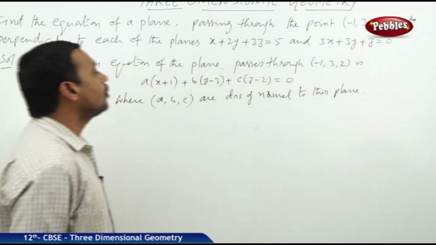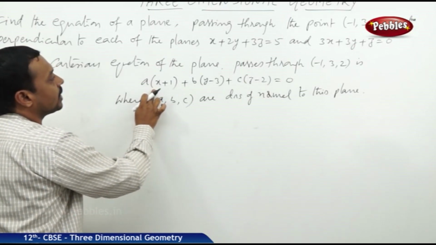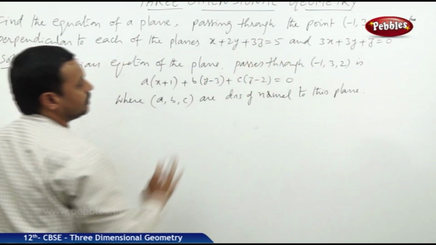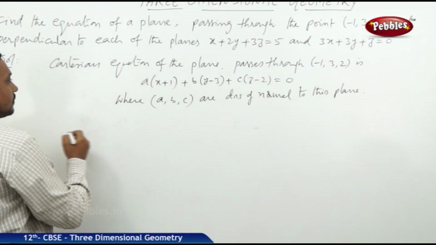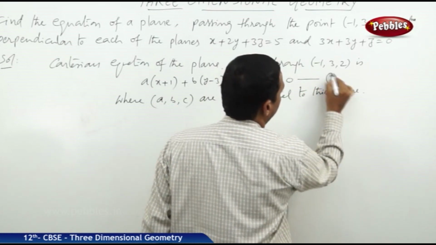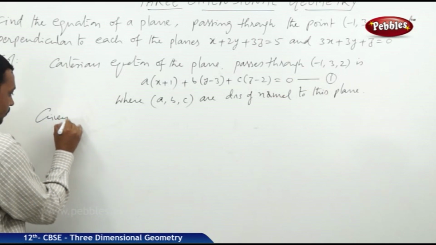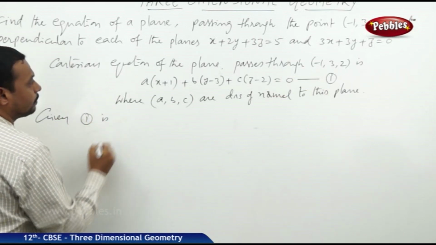Okay, now see, this plane is perpendicular to both of the given planes. Let us take the assumed plane as 1.